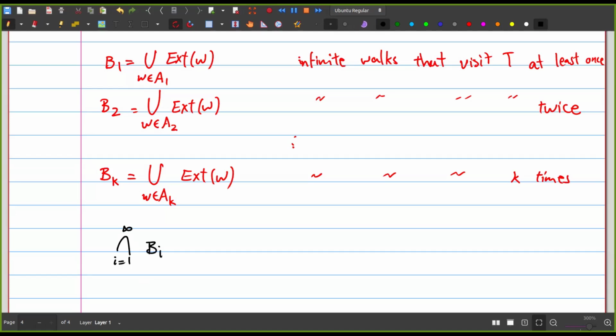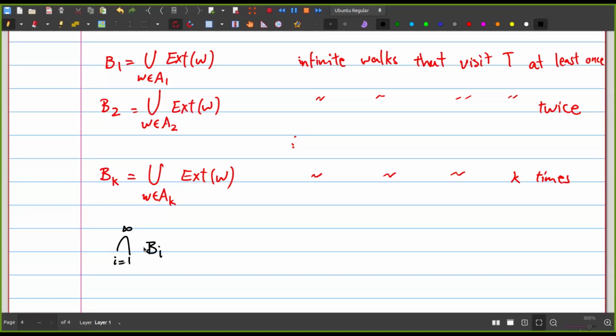What kind of walks are going to be in this intersection? If an infinite walk is in this intersection, it is in B1, so it visits T at least once. It's also in B2, so it visits T at least twice. It's in B3, so it visits T at least 3 times, and so on.